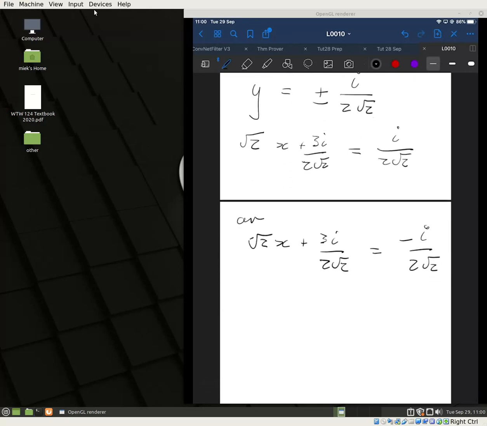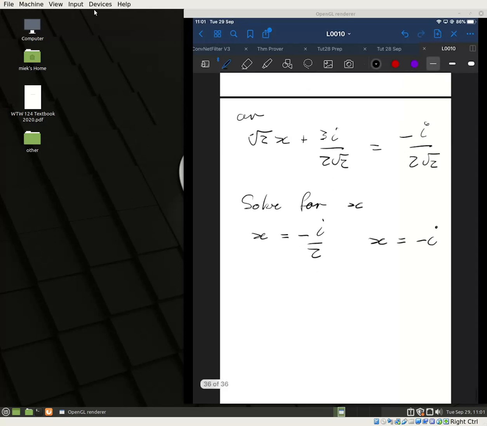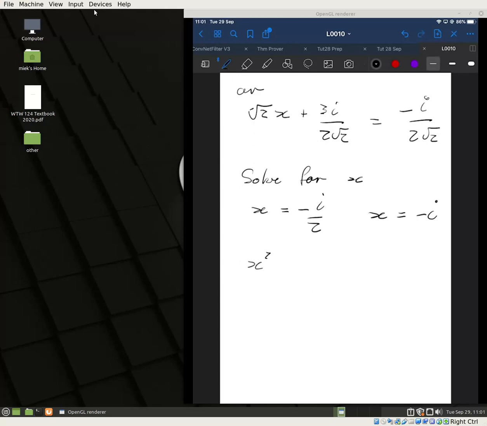If we solve for x, we get x is equal to minus I over 2, or x is equal to minus I. So that means that the expression 2x squared plus 3ix minus 1 factorizes as 2 times (x plus I over 2) times (x plus I).